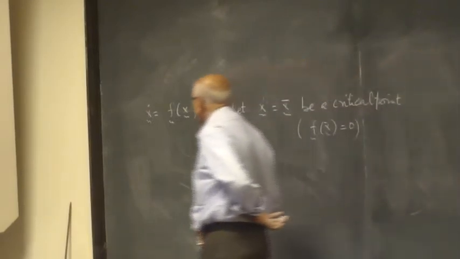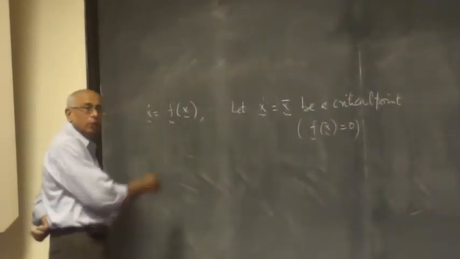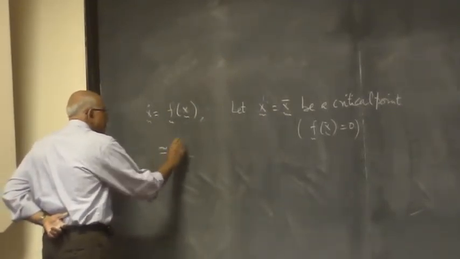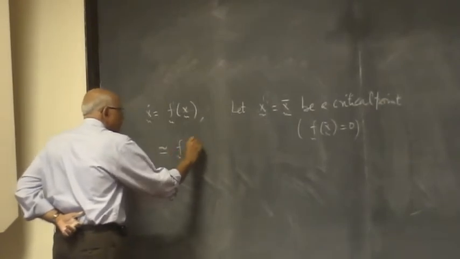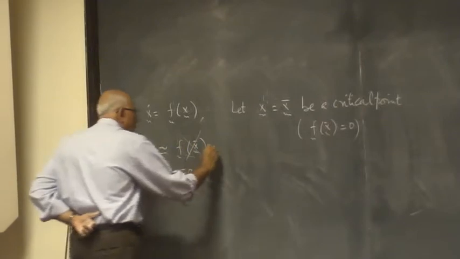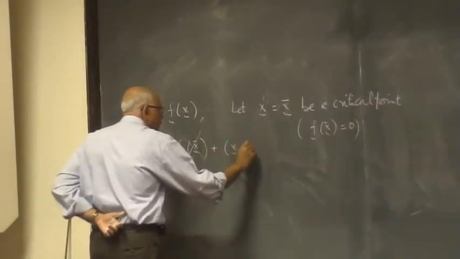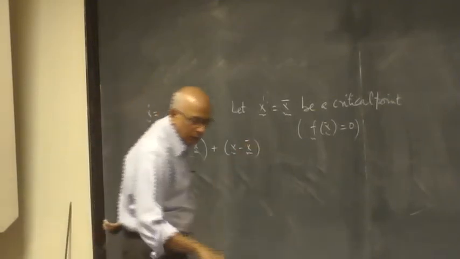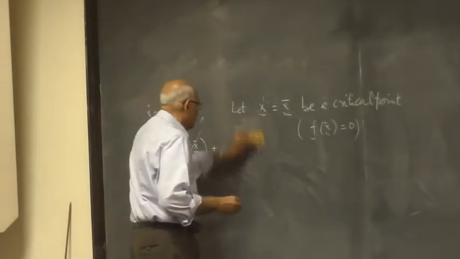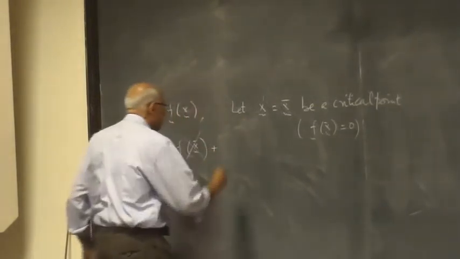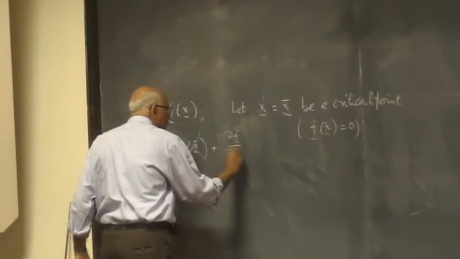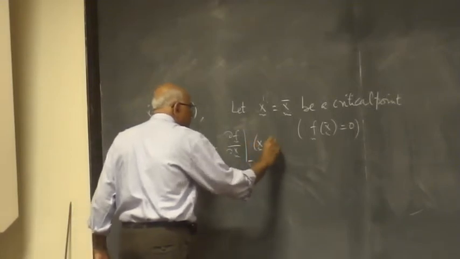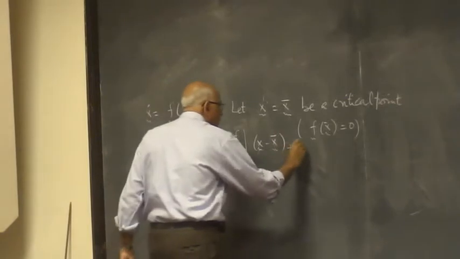Well, again, to solve this equation in the vicinity of this point, I do a Taylor series. So f of x is approximately equal to f of x bar, which is 0, plus the derivative of f with respect to x at x bar, times x minus x bar, plus higher orders.